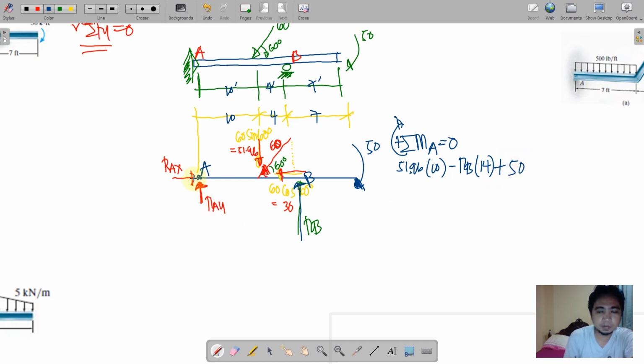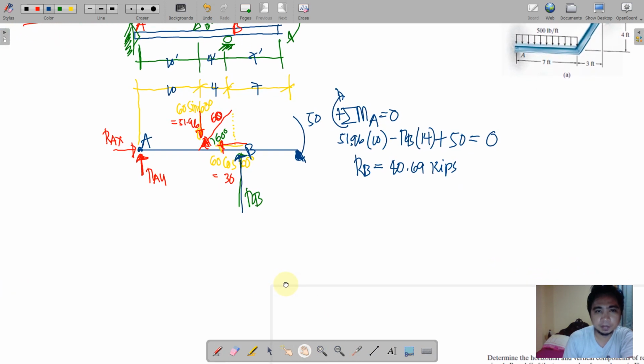So, from left to right, we have no forces to accommodate here. Then, yan. Equate mo na sa 0 yan. So, makukuha na natin yung value ng RB. So, ito, RB is 40.69 kips. Okay, 40.69 kips. So, that is for RB.